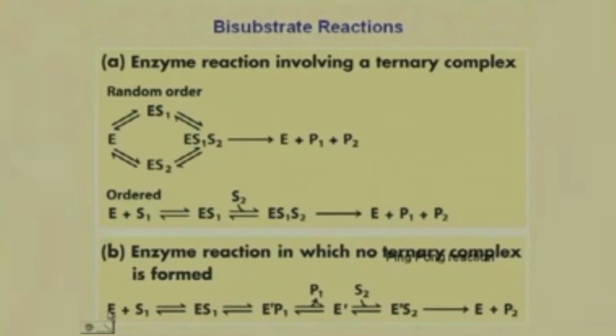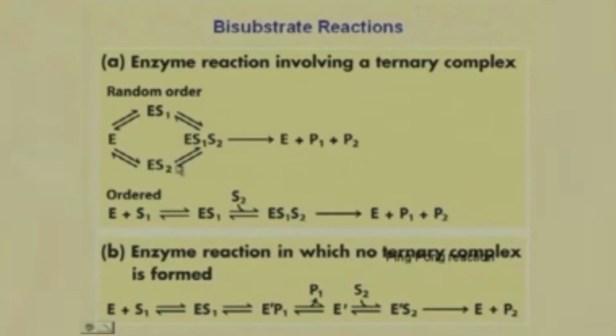There is some change that has come across in the enzyme structure, which after release of P1, then it binds S2 to form an E prime S2 complex, which on losing P2 will form E back.